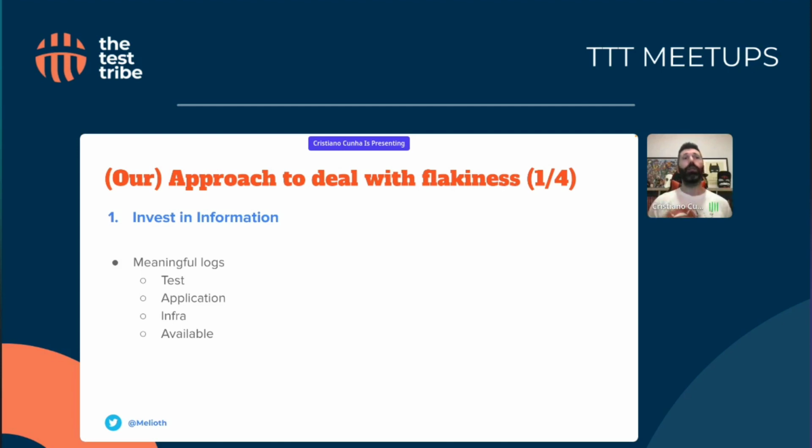Making that available for the entire team is something that we needed to do in order to understand what was causing this flakiness. So information is really important, and we did this by adding the right logs to the test and to the application, that are meaningful, that have the right information for us to take the right decisions.